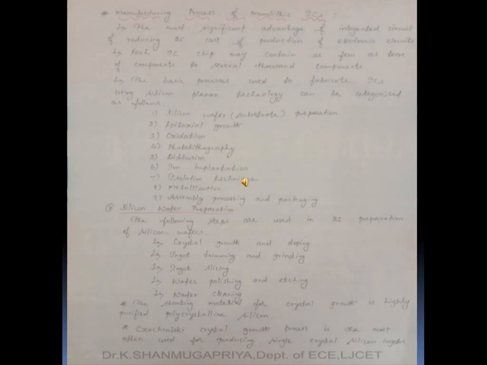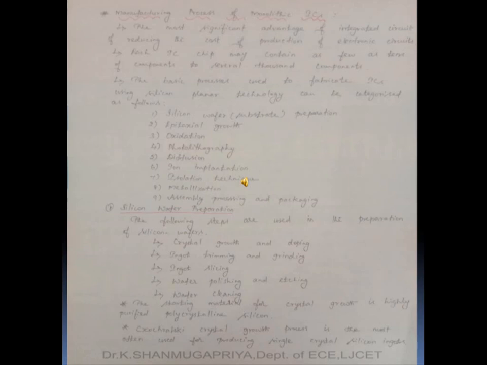First one, silicon wafer preparation. The steps involved in silicon wafer preparation are: first, crystal growth and doping; second, ingot trimming and grinding; third, ingot slicing; fourth, wafer polishing and etching; and the last one, wafer cleaning.